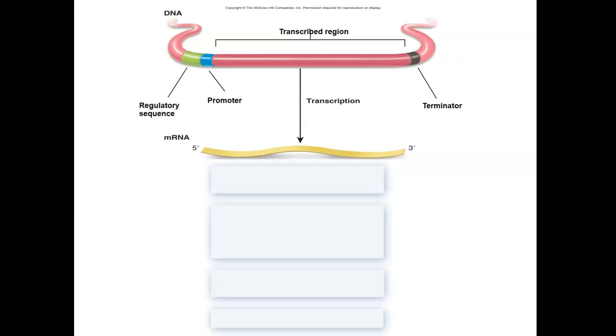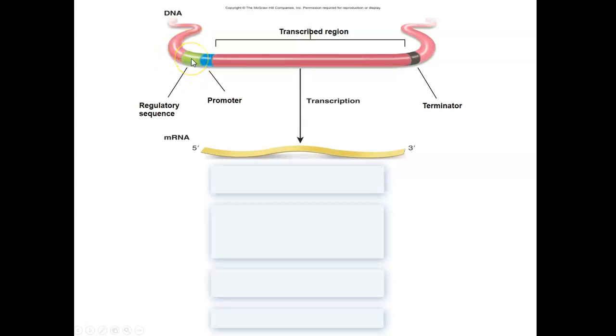And so how do we know what region is important for that? So the region just before the gene, or just upstream of the gene, we call the promoter region. And I'll explain what the function of that is, but really all the machinery is going to assemble there, and then that's necessary for transcription. And then we have regulatory sequences all throughout the genome. And I'll talk a little bit more about that as well.